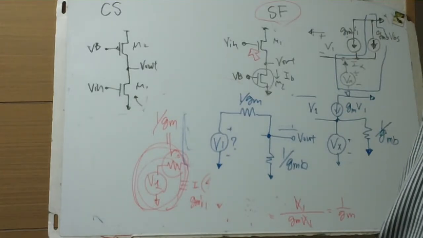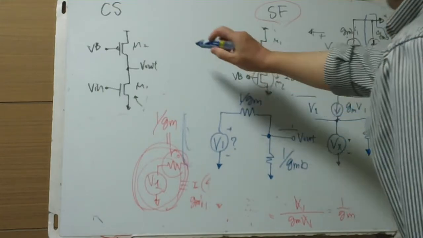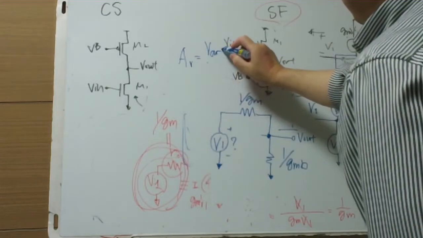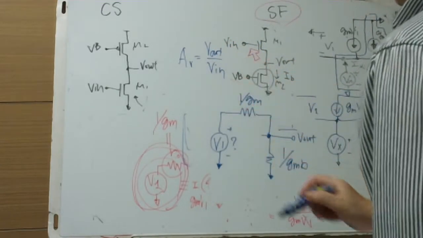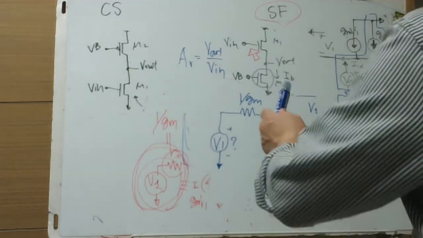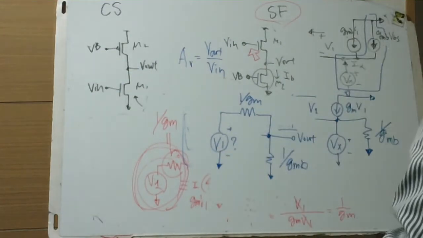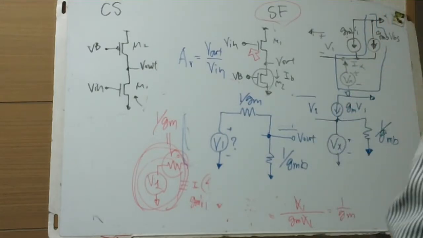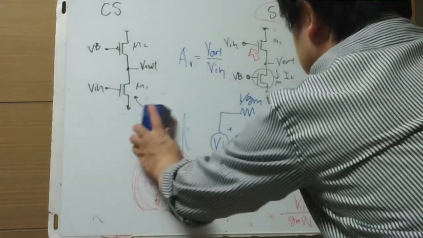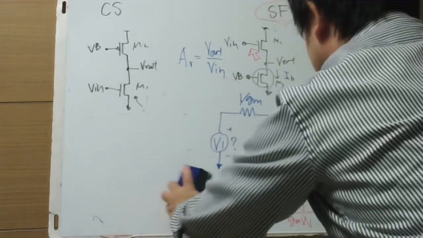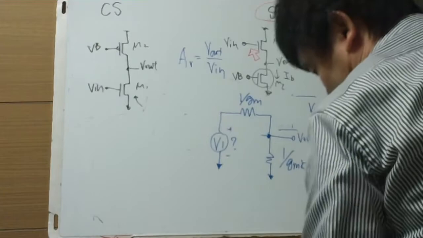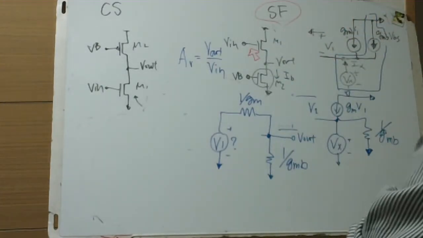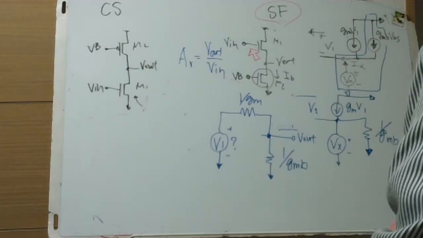We need V in to get Av equals V out over V in. We need V out over V in, not V1. So again, I was being complicated.